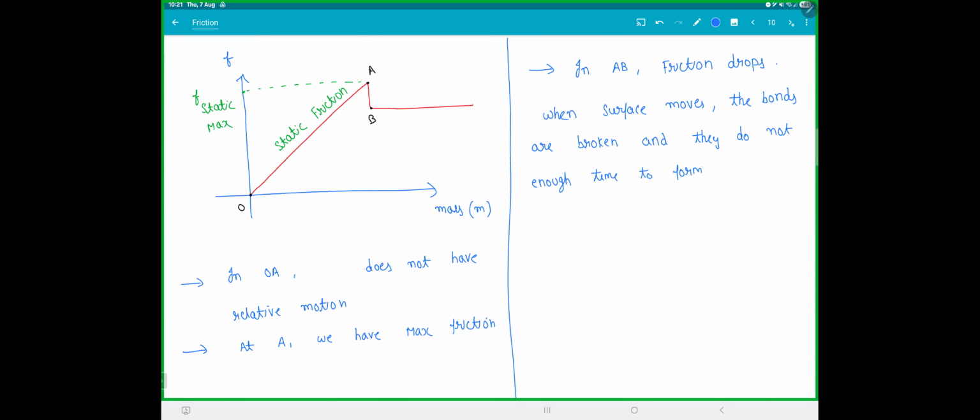You get kind of an incomplete bond. So when I'm standing, you're catching my hand very tightly. Let's say you can apply 100 newtons. When I'm trying to run and you're trying to catch me, because my hand slips, maybe you're applying only 70 newtons. This leads to weaker bonds and the friction decreases.